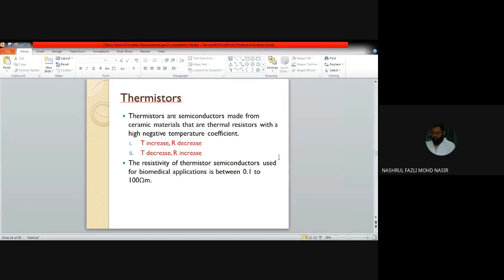When the temperature decreases, the resistance increases. By knowing this phenomenon, people came up with the thermistor. The resistivity of thermistor semiconductors used for biomedical application is between 0.1 to 100 ohm meter. This is the range of the resistivity.